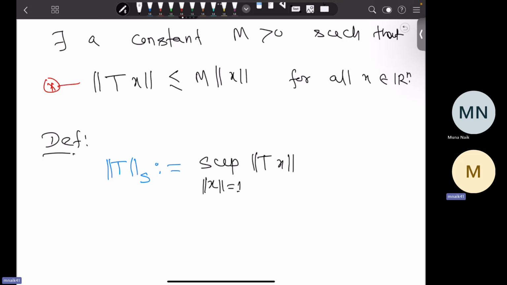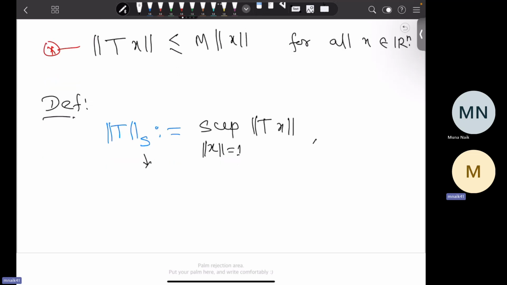This is the supremum of the norm of Tx where x varies on the unit sphere with center at the origin and radius 1. So the norm of T is the supremum over norm x equal to 1 of the norm of Tx.